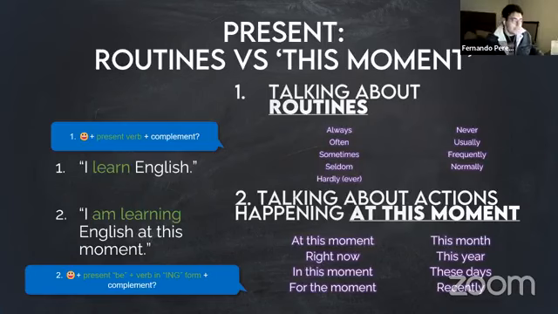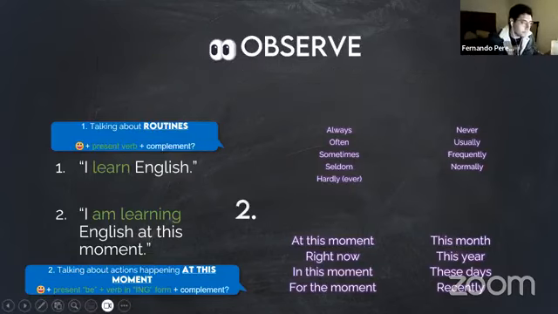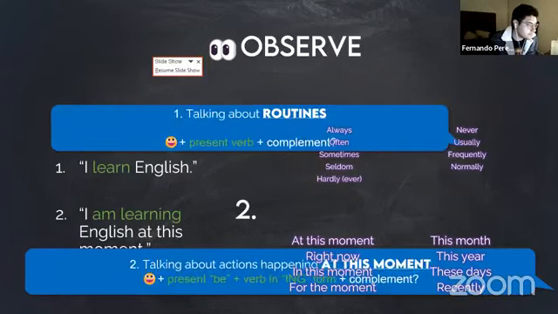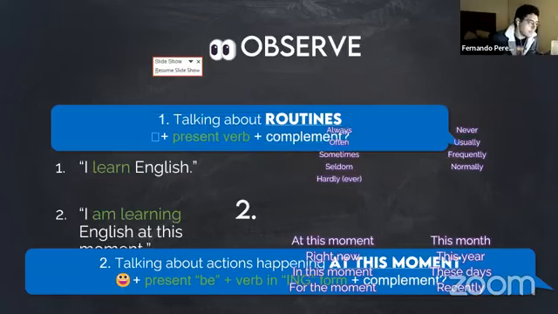Let's do some observations. Let's observe the difference between Formula 1 and Formula 2, okay? Let's make this bigger. And let's see the contrast.